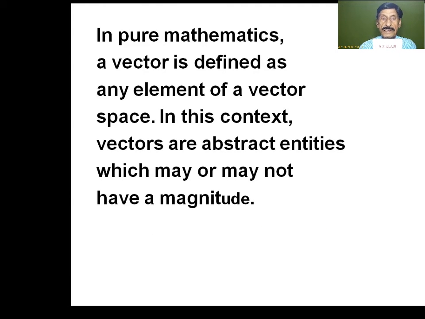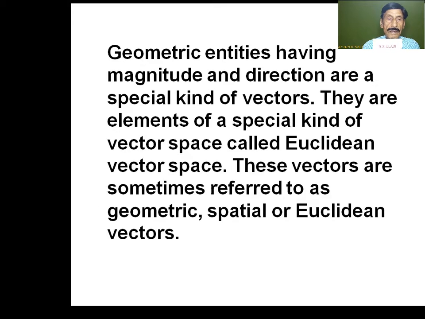In pure mathematics, a vector is defined as any element of a vector space. In this context, vectors are abstract entities which may or may not have a magnitude. Geometric entities having magnitude and direction are a special kind of vectors.